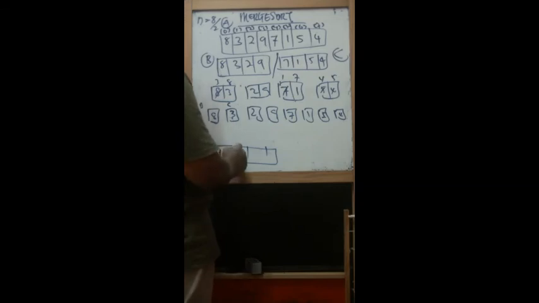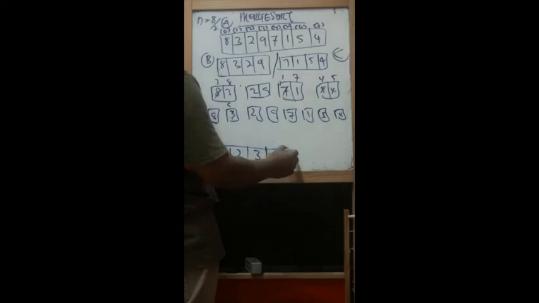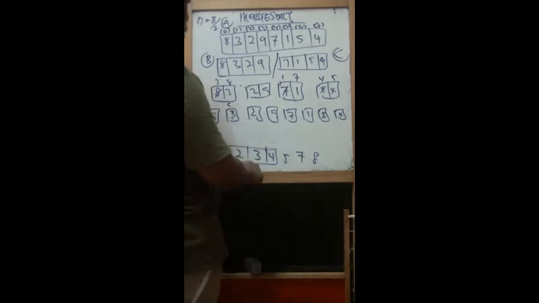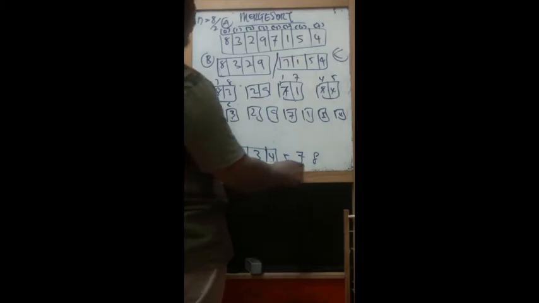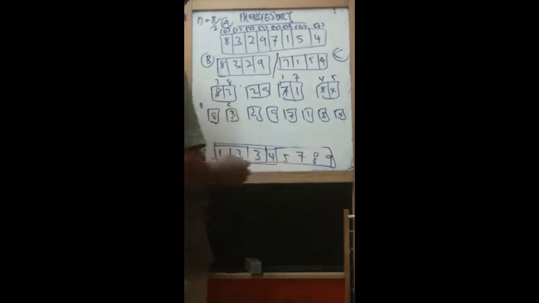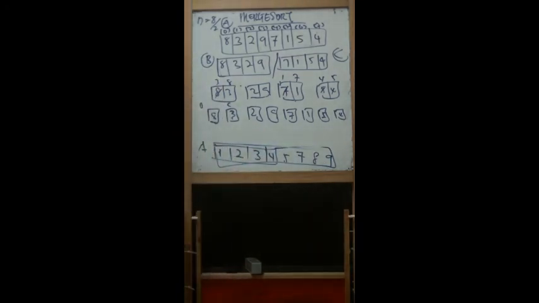This becomes 1, 2, 3, 4, 5, 7, 8, 9. So this is the result or output of merge sort: A becomes sorted after merging and sorting. In order to merge, we have to sort first and merge into A.